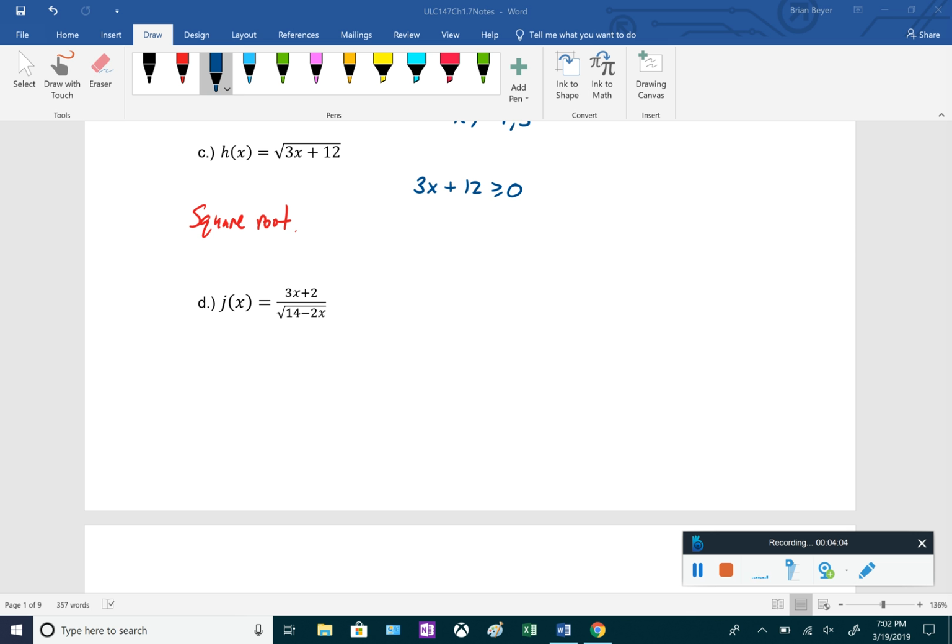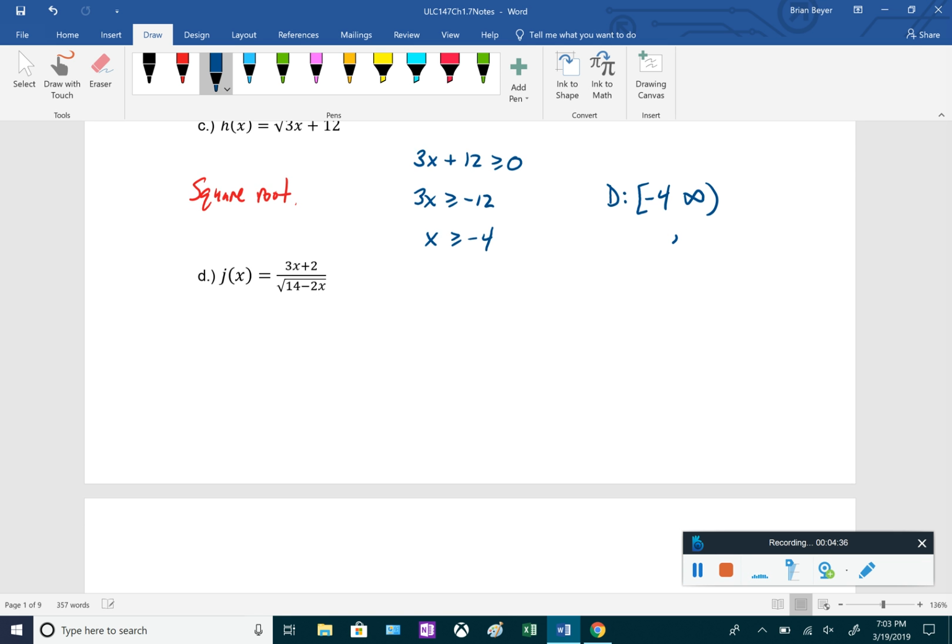So we isolate the x, subtract 12 on both sides, and get 3x greater than or equal to negative 12. Divide both sides by 3, and we get x has to be greater than or equal to negative 4. So the domain for this one is negative 4 to infinity, and we have a bracket on the negative 4 because it could be equal to it.